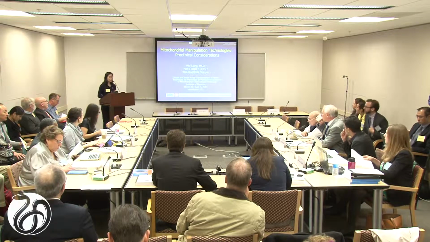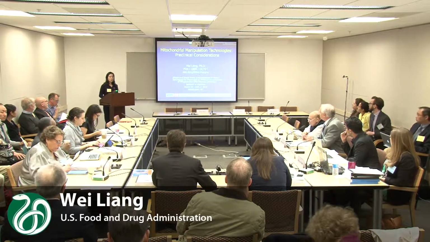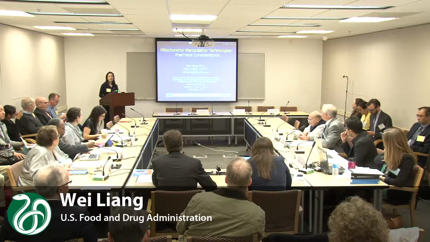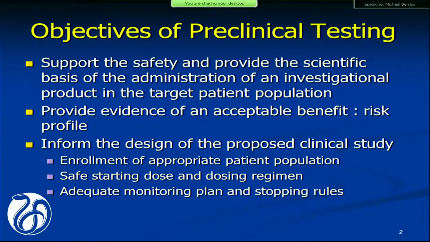Thank you, and good morning. I will start with the regulatory expectations for mitochondrial manipulation technologies from preclinical perspective. So first, I will have a general introduction for the preclinical testing concept. What are the objectives of preclinical testing?